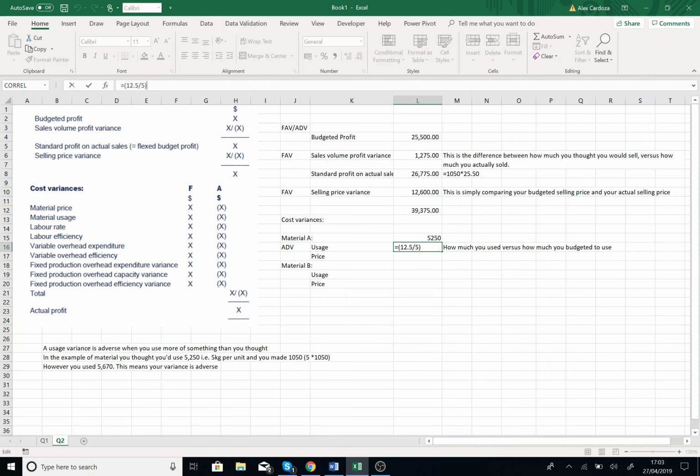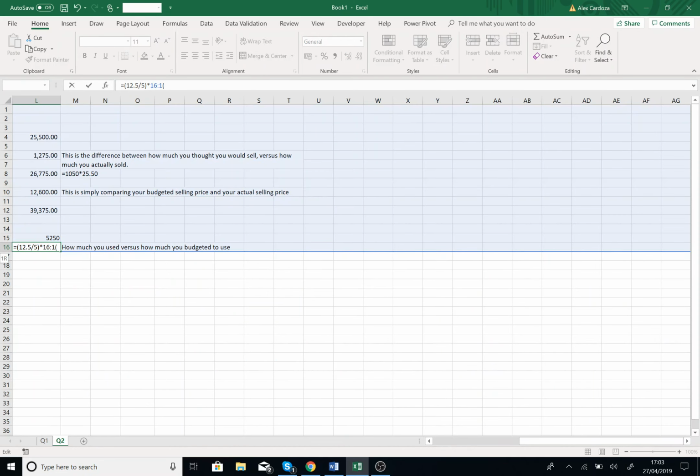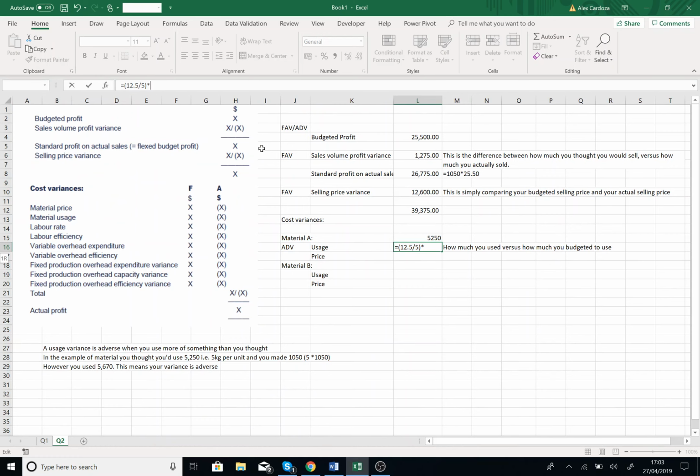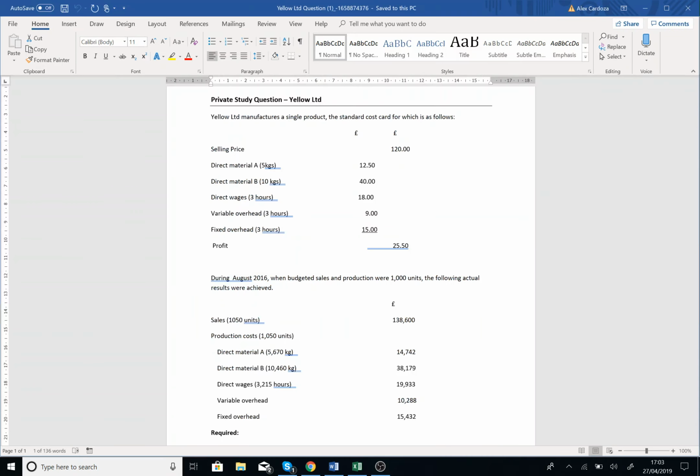So what we'll do is put that into Excel now. We'll say 5 times 1,050, double bracketed, minus 5,670, I believe it was.